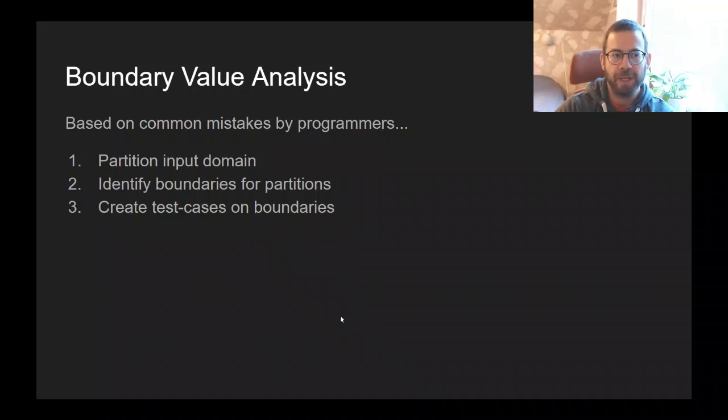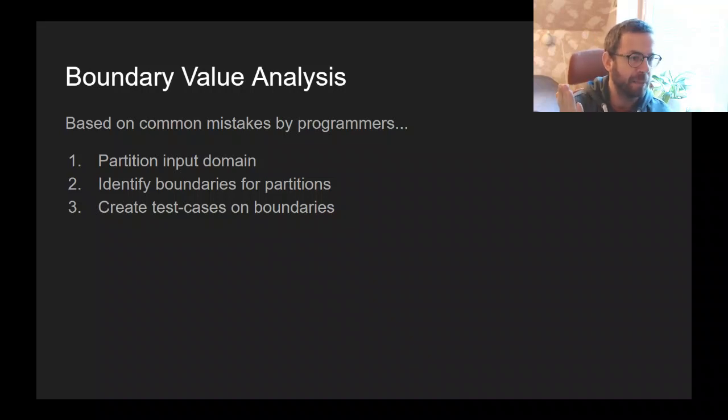But if we include another, it's sort of white box, black box thinking here, called boundary value analysis. This is sort of based on the kind of mistakes we make. In this case, we had age and salary, and we had specific numbers that were breaking these.